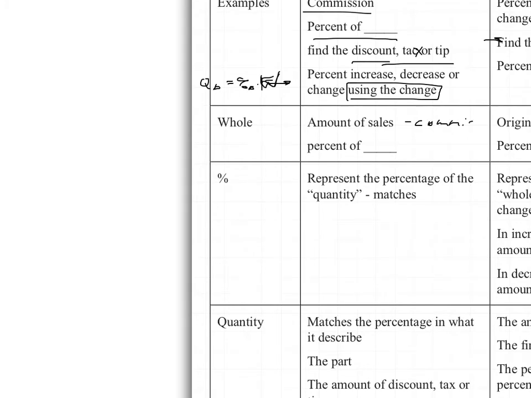It's the amount of sales and the percent of are usually the key changers. Now, if you're using a percent increase or decrease or change, the whole is still going to be just like in the other side, the original.